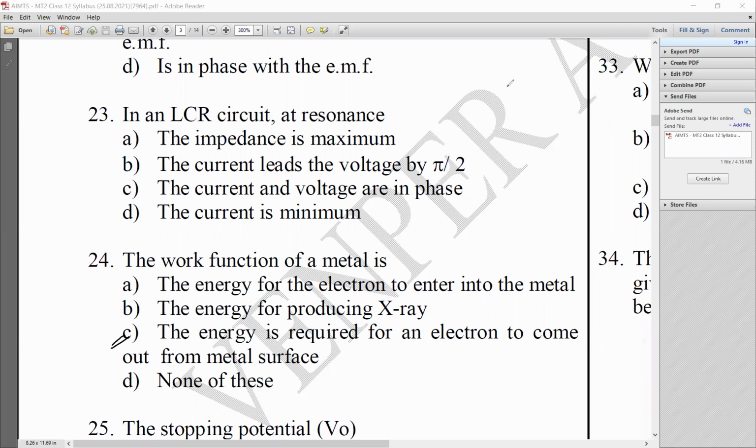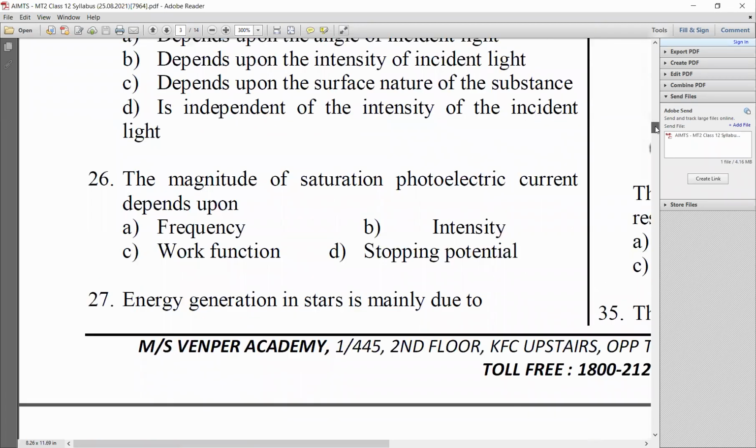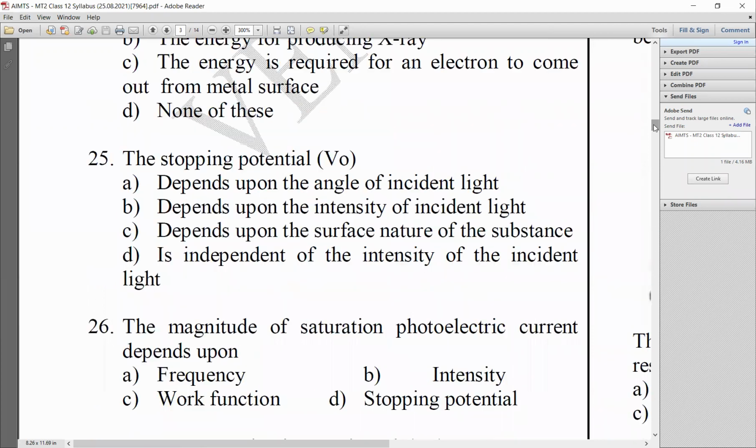Next, 25. Stopping potential. What is stopping potential? Stopping potential V naught depends on the angle of incidence of light? No. Depends on the intensity of incident light?